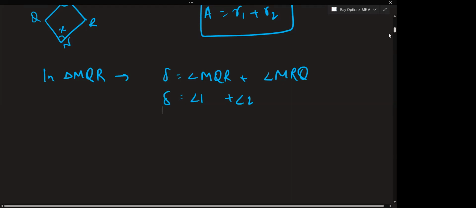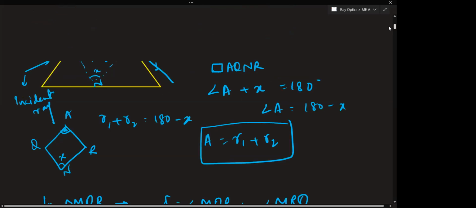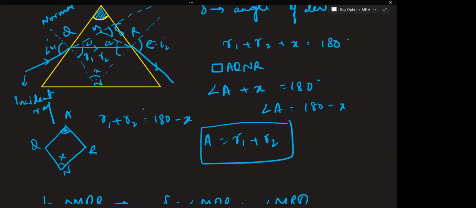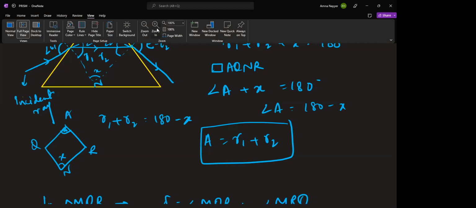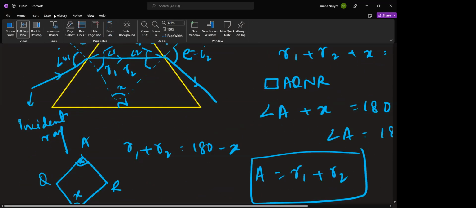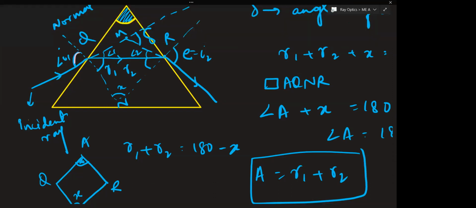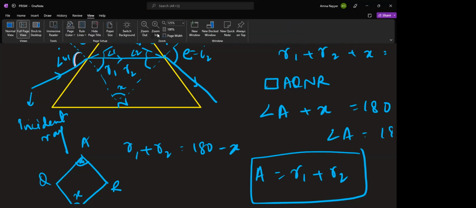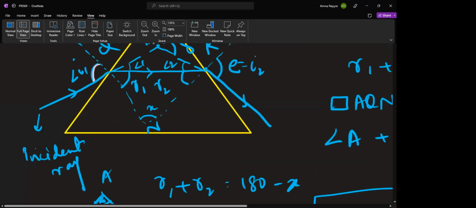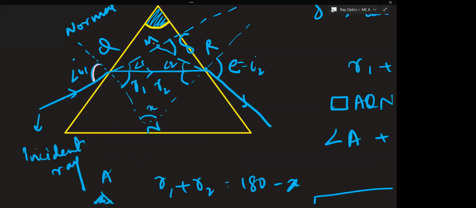Now, what is angle 1 actually? See, this is angle 1. Look at this carefully. See, class, this is the angle of incidence, right? It means this complete angle is the angle of incidence.